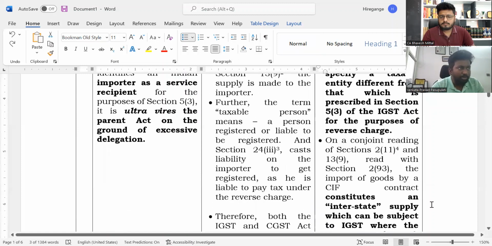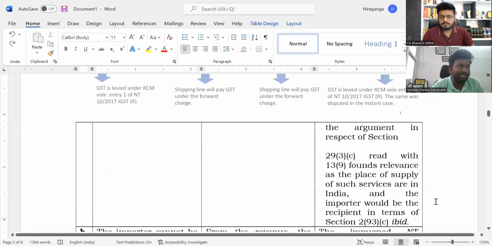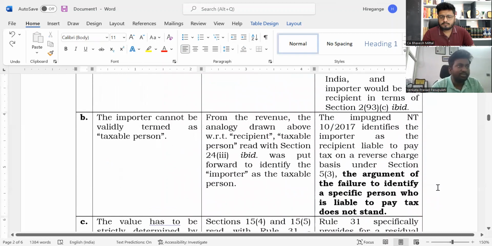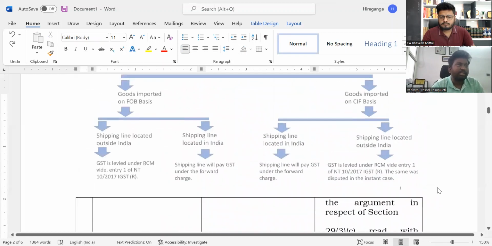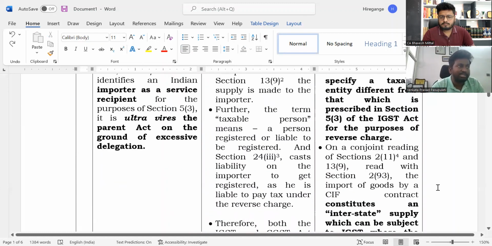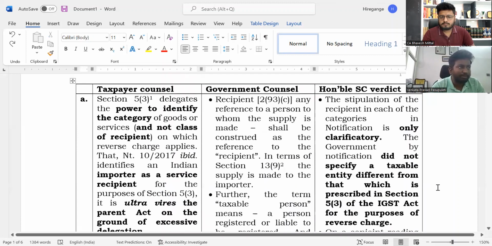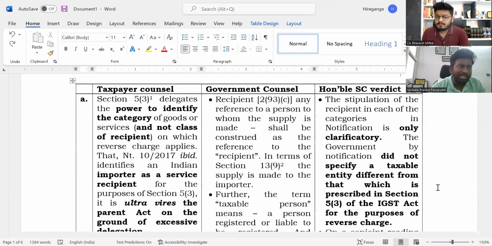To this, the Supreme Court has agreed with the department's argument, saying that in the context of a CIF transaction, we have to look at the contextual definition of the recipient, where it says the person to whom the supply is made. So they considered that last portion of the recipient definition, and held that the Indian importer will become a recipient of this transaction.